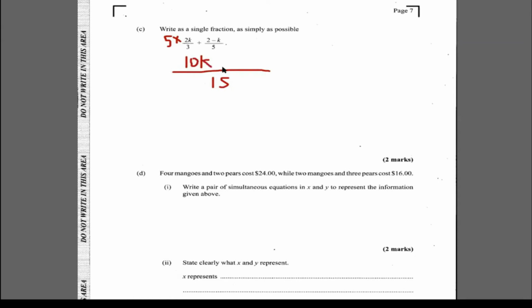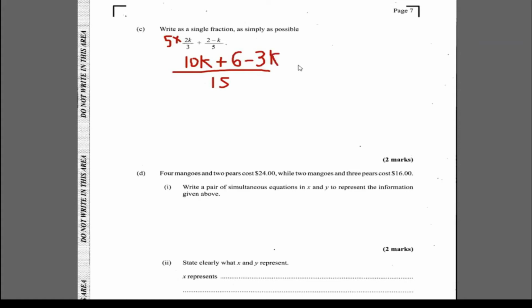Then 5 into 15 goes 3 times, so it becomes 3 times 2, which is 6, minus 3 times k, which is minus 3k. Nice and easy.